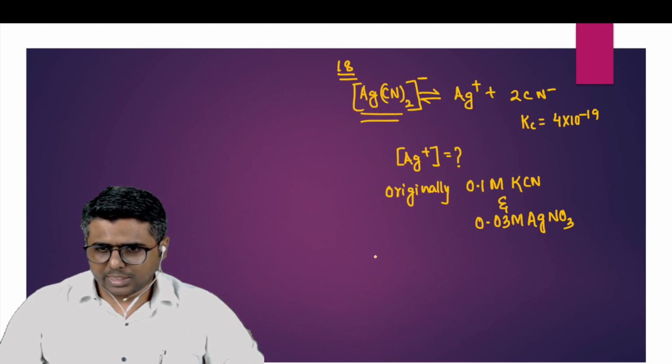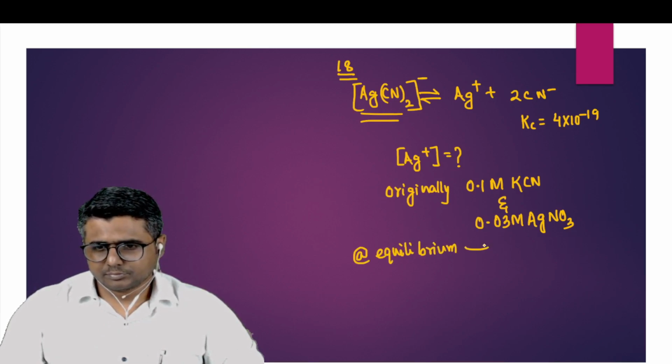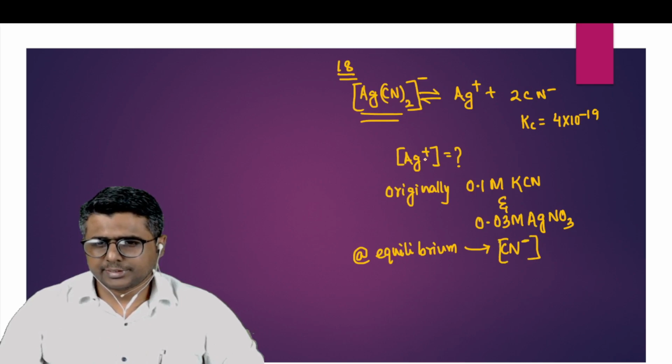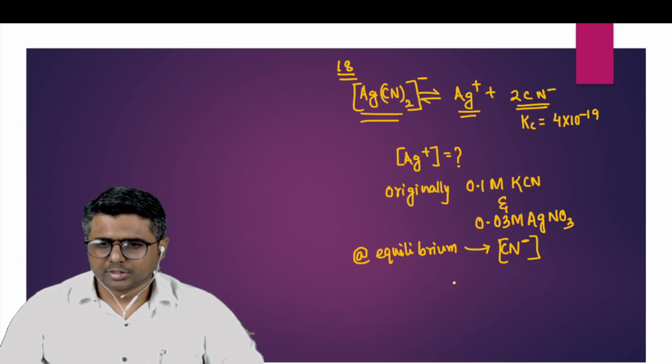So at equilibrium we need to first find out the concentration of CN minus, because Ag plus we have to find out at equilibrium. We cannot find out both, it will be difficult. So how will we know?